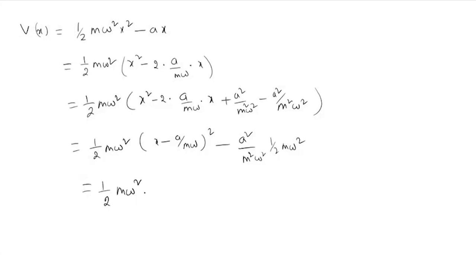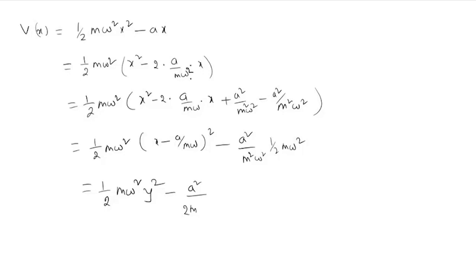So this is half m omega square. You can think of this as y square minus a square over 2m omega square. If I have done it correctly, I think I have done it correctly.